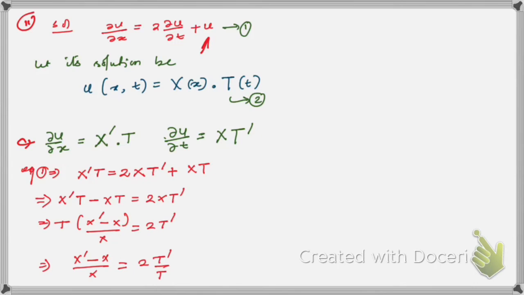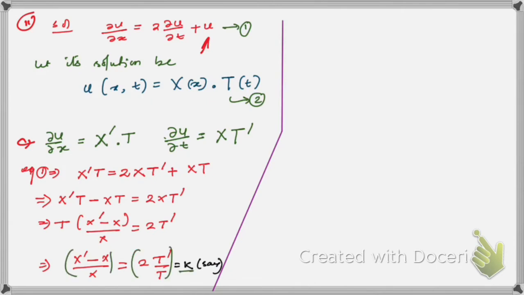Right, let it be k. Now we can write this part is equal to k, as well as this part is also equal to k. Let us take the first part first. So X dash minus X by X is equal to k, suppose. So it can be simplified as this.